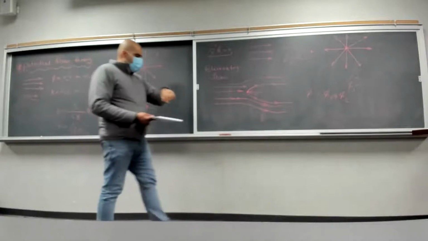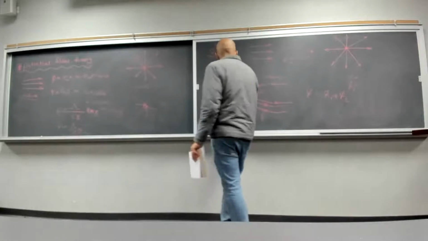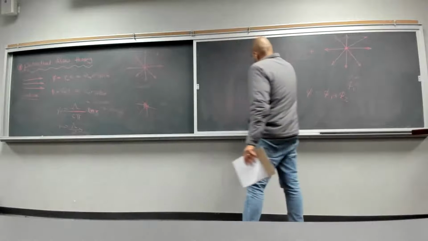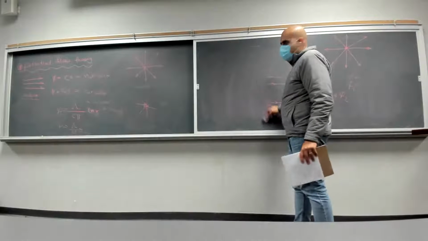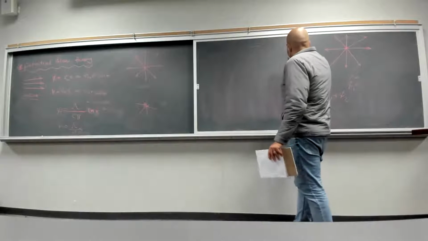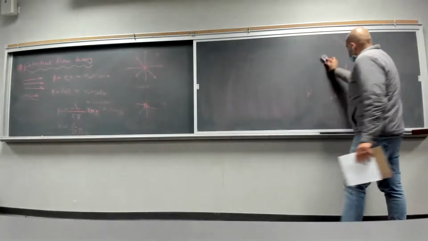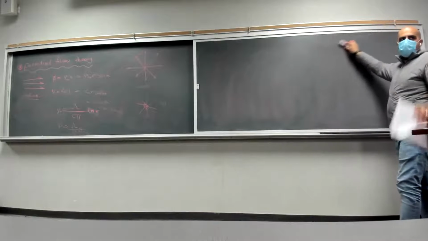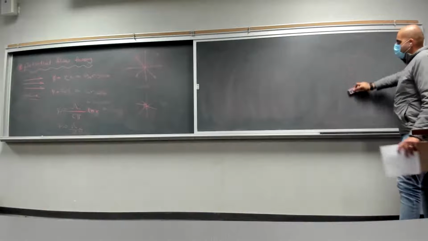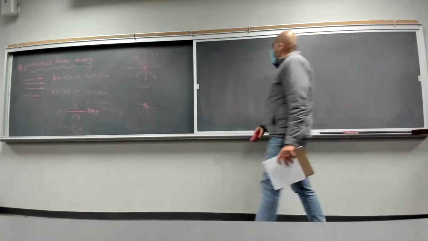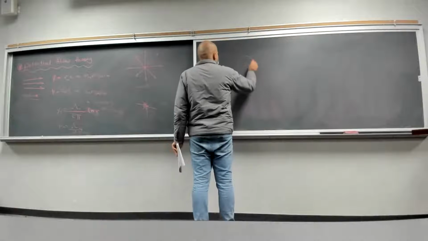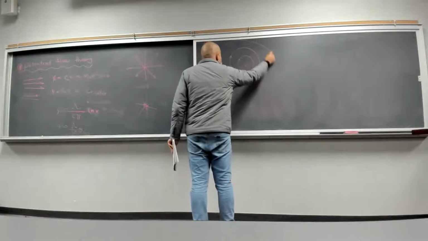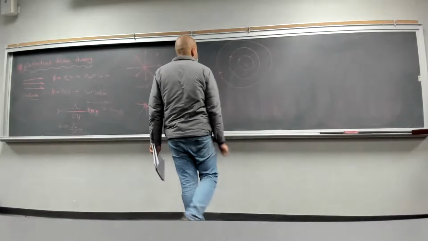The other type of elementary flow is called the vortex flow, as one of your friends mentioned. Who mentioned the vortex flow? It was you, right? What was your name? Wyatt, as Wyatt mentioned. So we're going to get these rotations around a center.